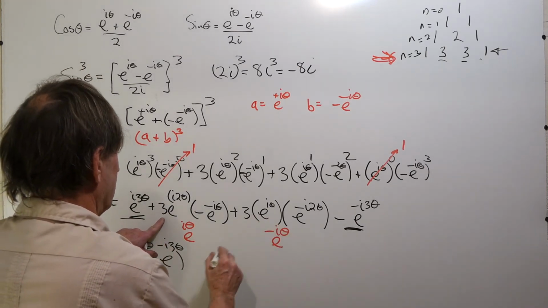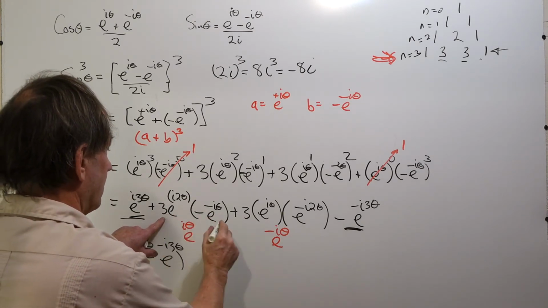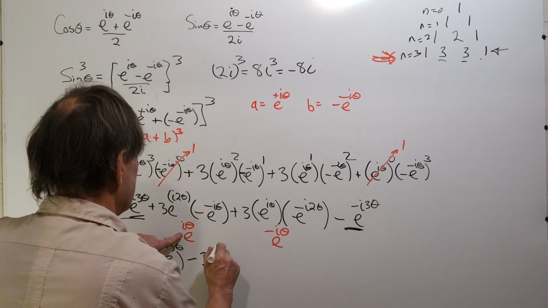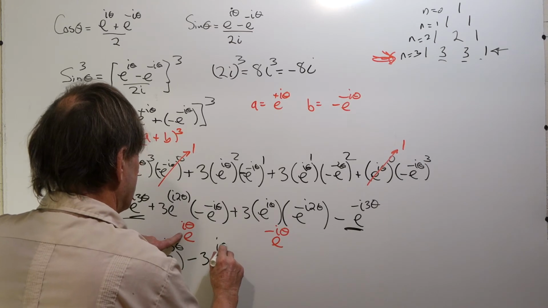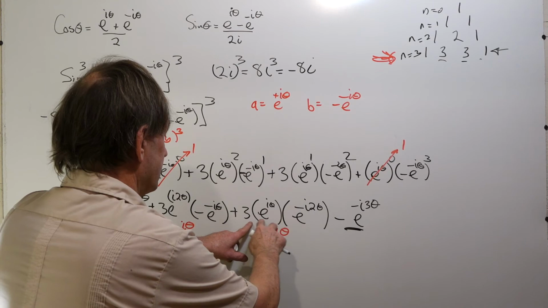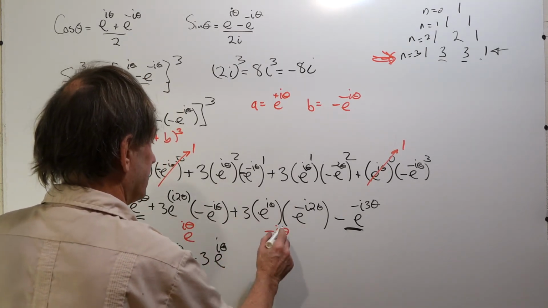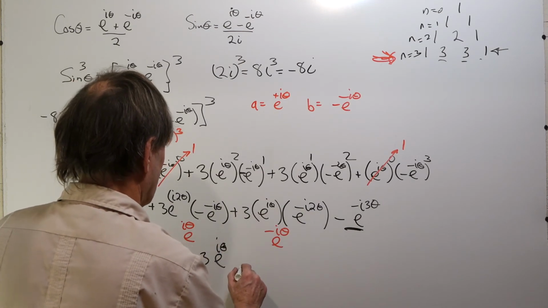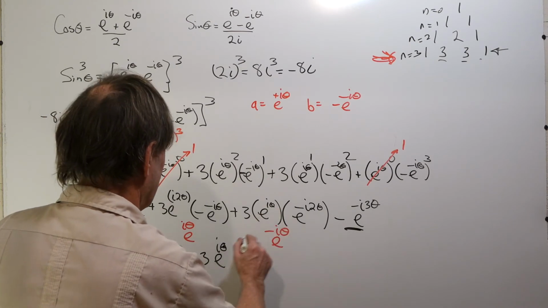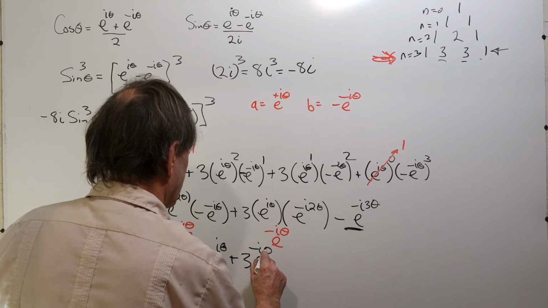And we can pull out a minus 3. So we have minus 3 times e to the i theta, and when we pull out a minus 3 here, the sign changes. This is positive, I'm sorry. So we have plus e to the minus i theta.